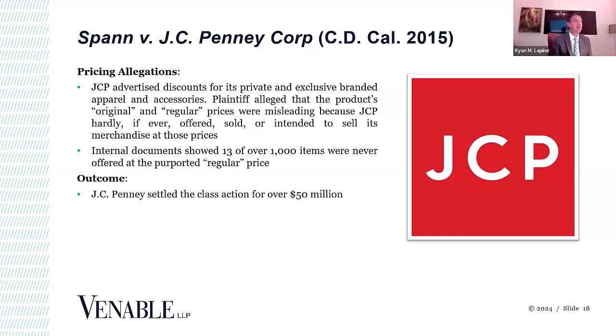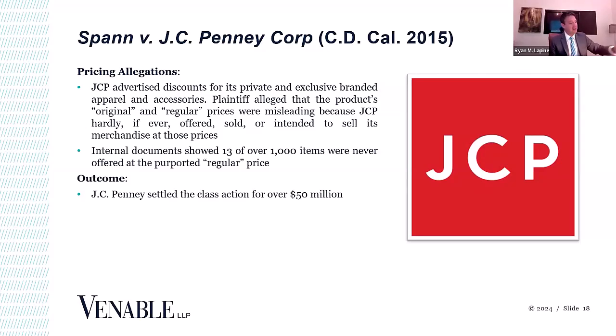So really what the plaintiffs were going for here was a disgorgement of all profits off of JCPenney's private label over an extended period of time. Listen, JCPenney's maybe a little bit smaller now than it was before. That's a lot of sales. It's a lot of sales.